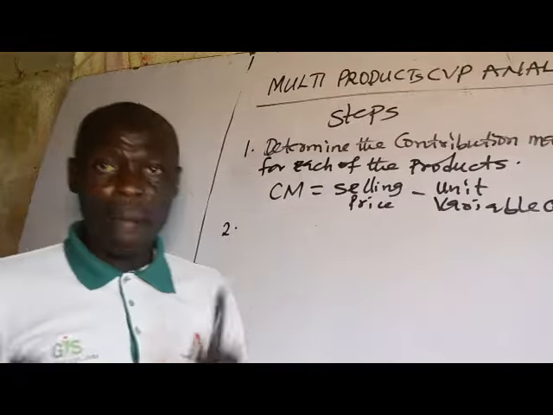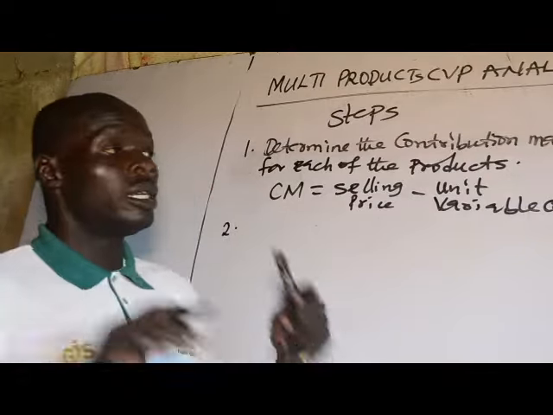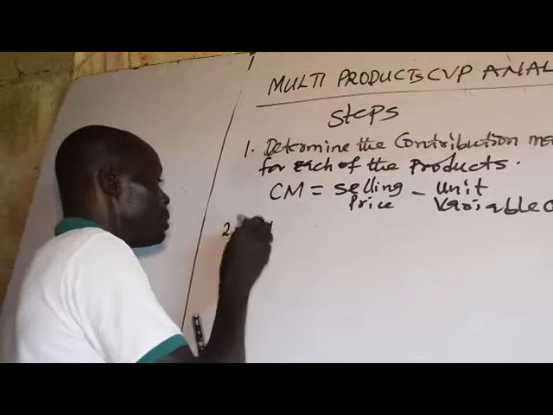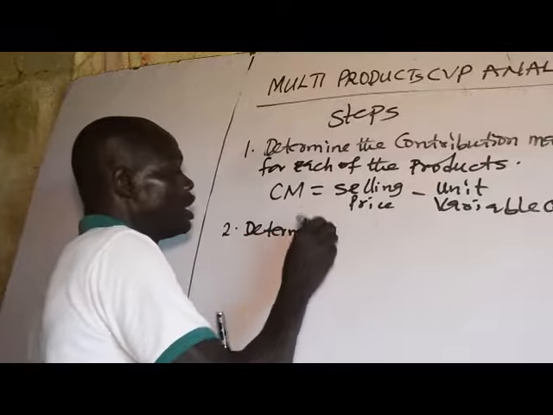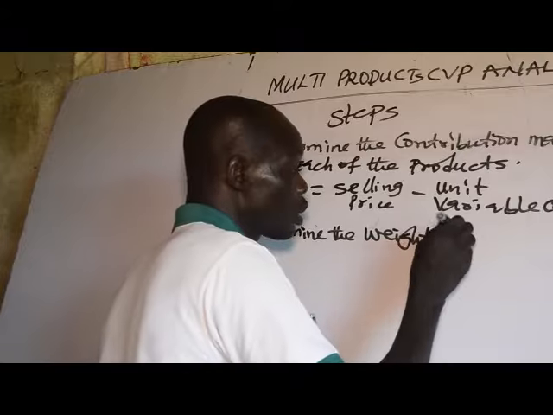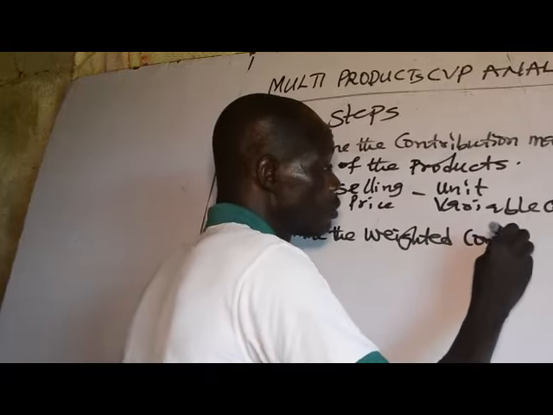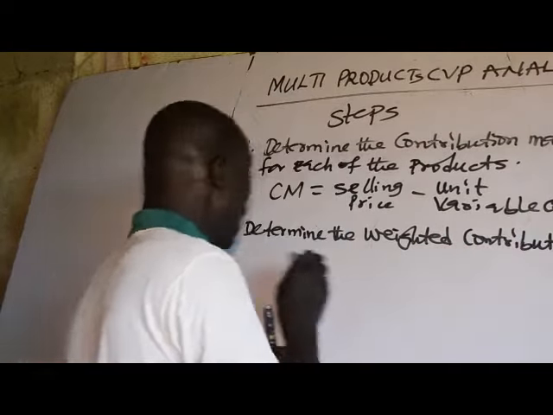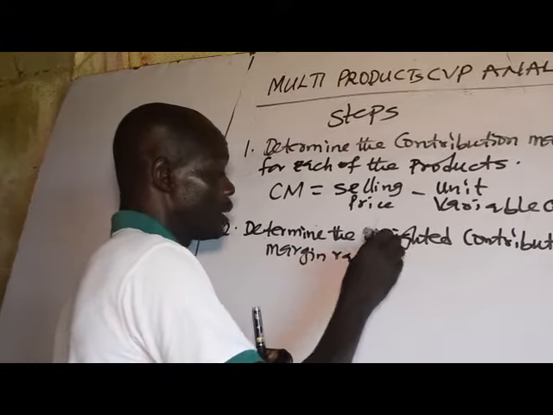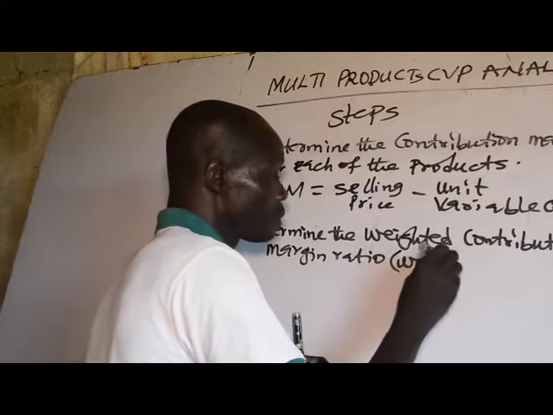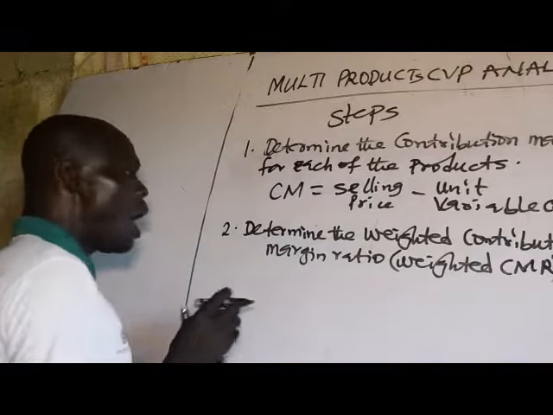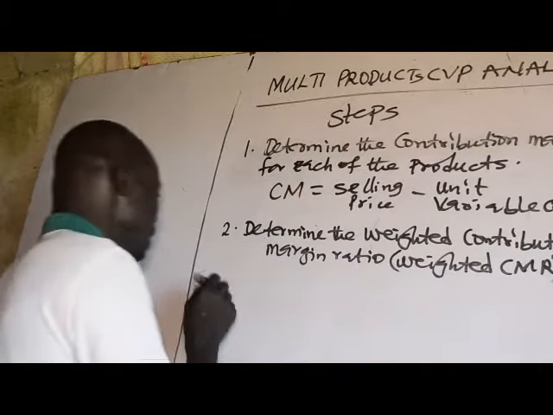Step 2, you determine the weighted contribution margin ratio, that is weighted CMR. How do we compute this?